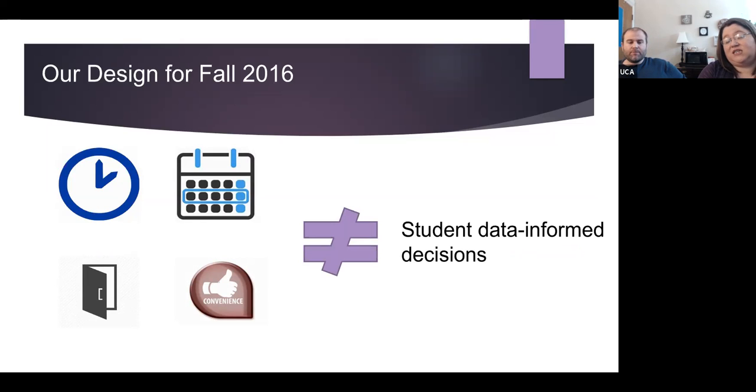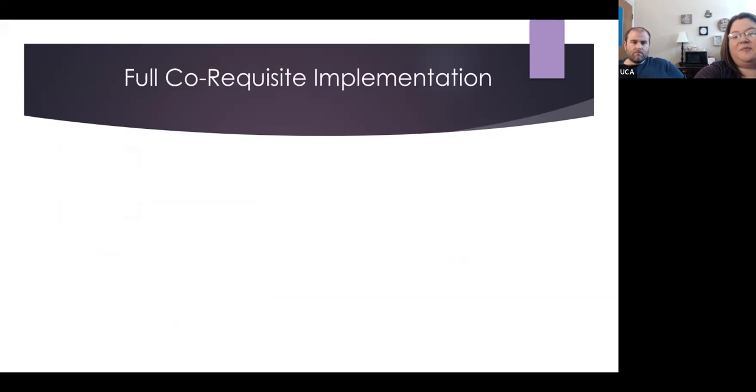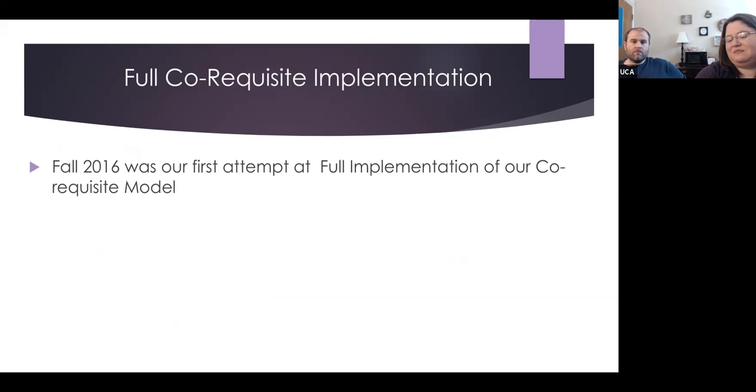Instructors said what times they wanted their classes, what days of the week, what rooms they wanted. There was no data at all as far as putting the schedule together. It was just sheer convenience. We learned real quick that didn't work.